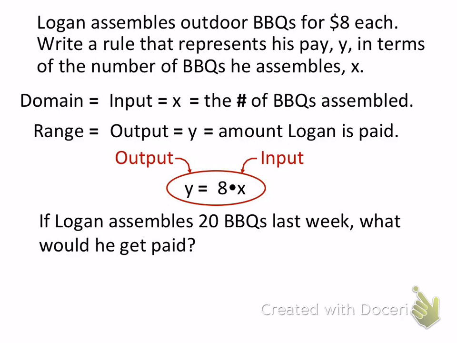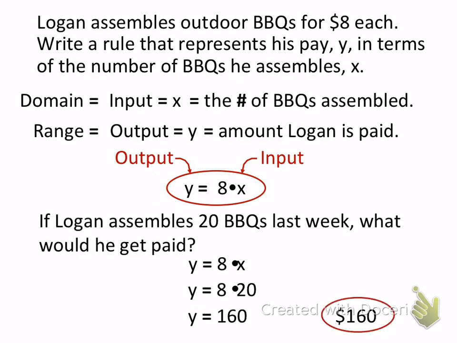So, John, what am I doing? You're plugging in 20 for the X. Right, we write the equation again, and then we substitute, and then we evaluate, and we get $160. So this is a typical kind of function word problem, only it's going to change a little bit.